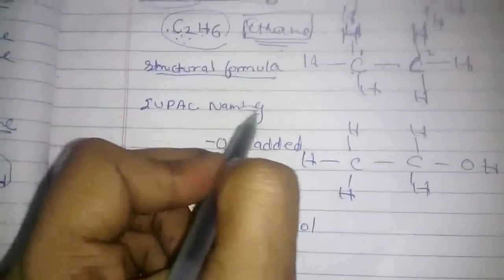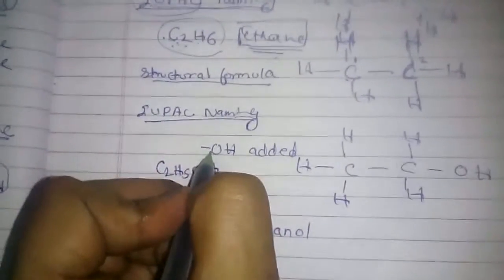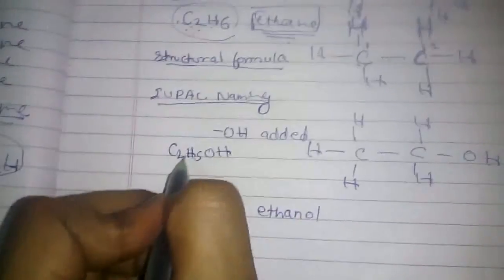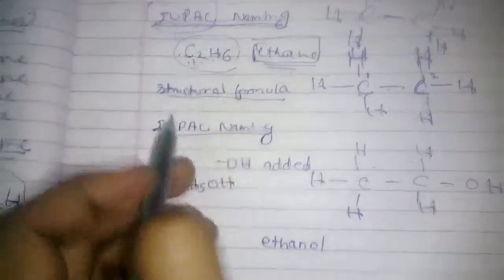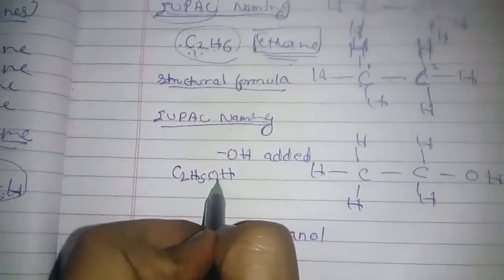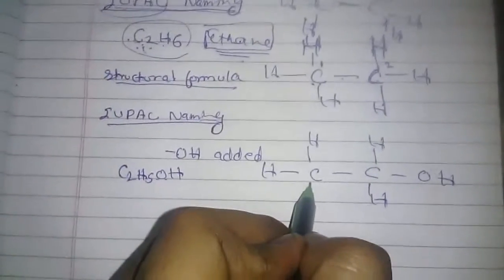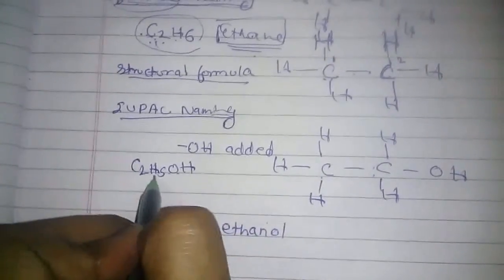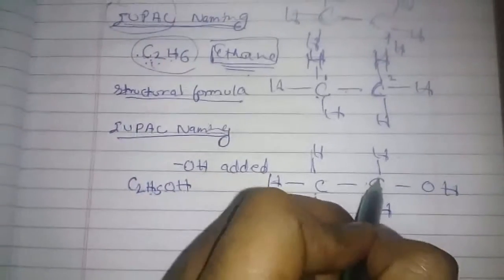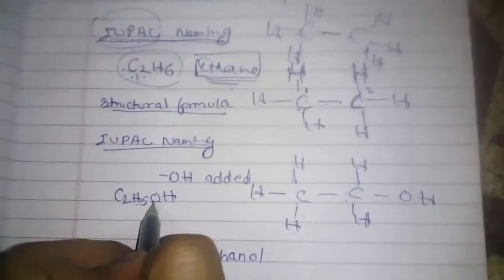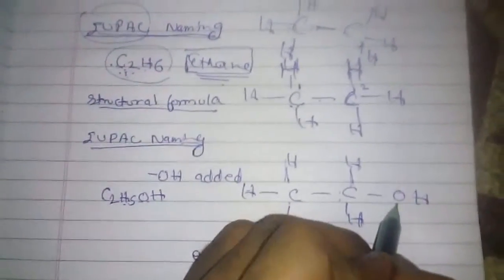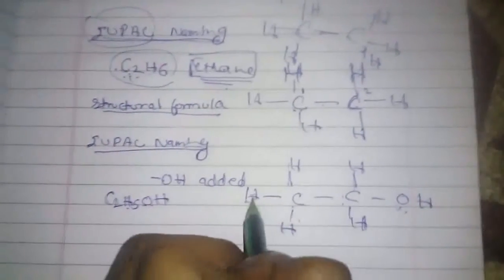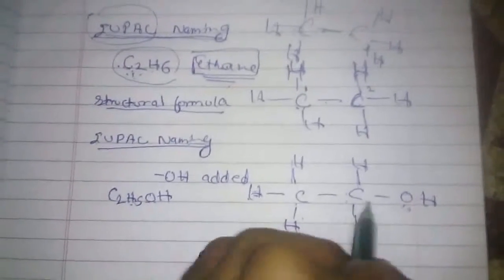Let us do IUPAC naming with a functional group. If there is a functional group like OH, that same C2H6 will become C2H5OH. Here is the structure. We have to draw the first carbon, then the number of hydrogens, that is 5: 1 2 3 4 5. One OH group. You can mention it here or here. If you mention this OH here, then this H will be there, or vice versa.